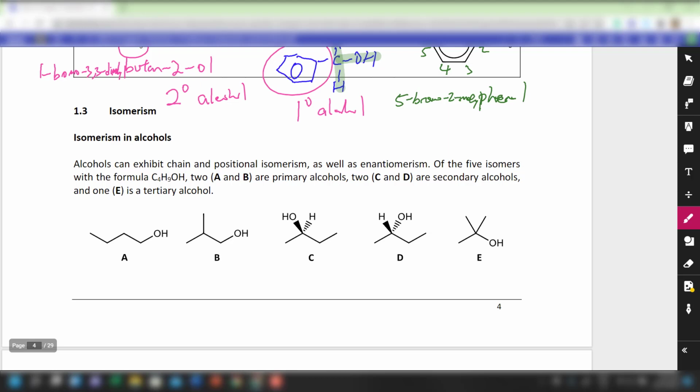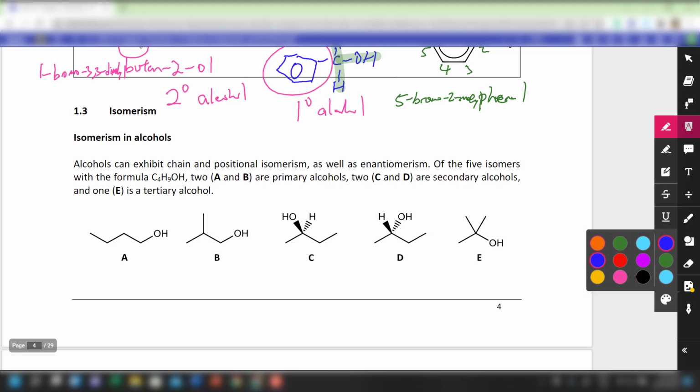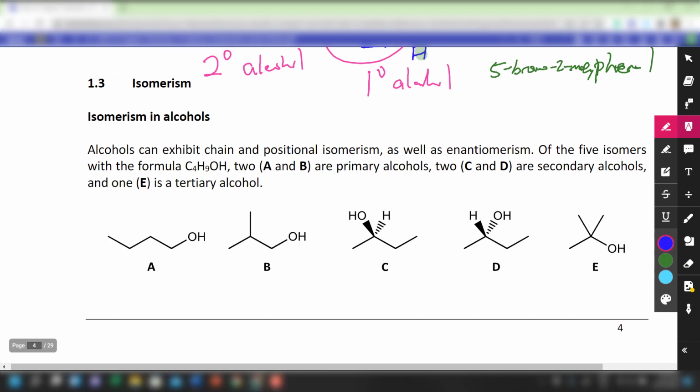If you recall, chain isomerism refers to, for example, the longest chain here, which is 4 carbons. One of the methyl groups can branch, and then we can get something like this. So A and B are examples of chain isomers, or in general they exhibit structural isomerism.